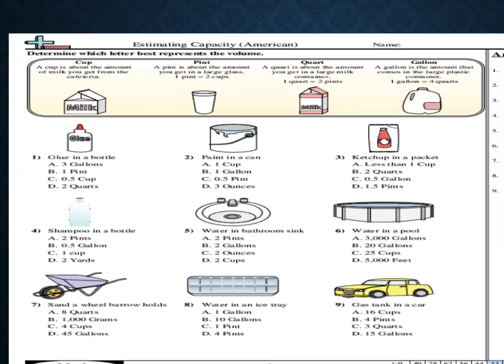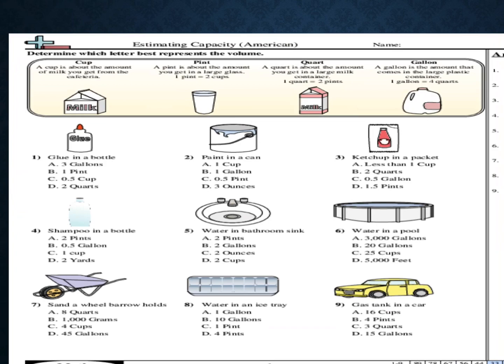A pint is about the amount you get in a large glass. 1 pint is equal to 2 cups. A quart is about the amount you get in a large milk container. 1 quart is equal to 2 pints. A gallon is the amount that comes in a large plastic container. 1 gallon is equal to 4 quarts.